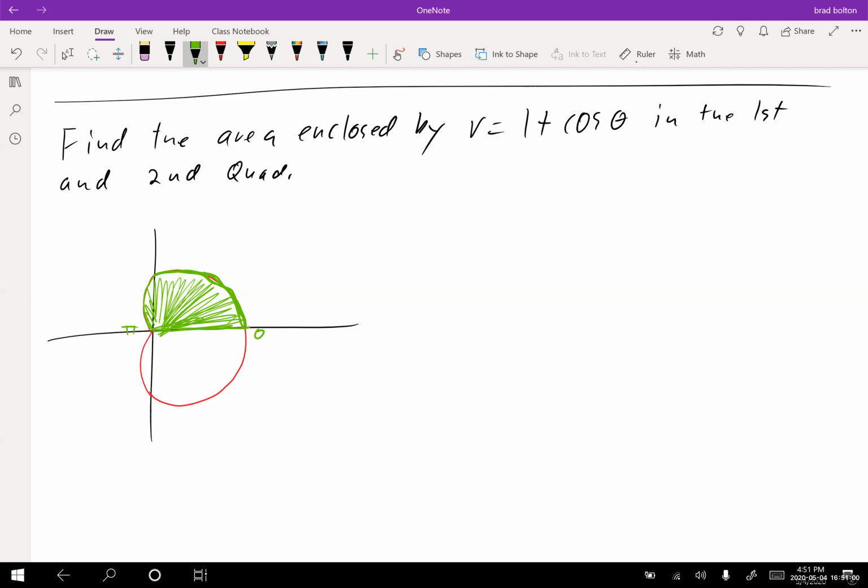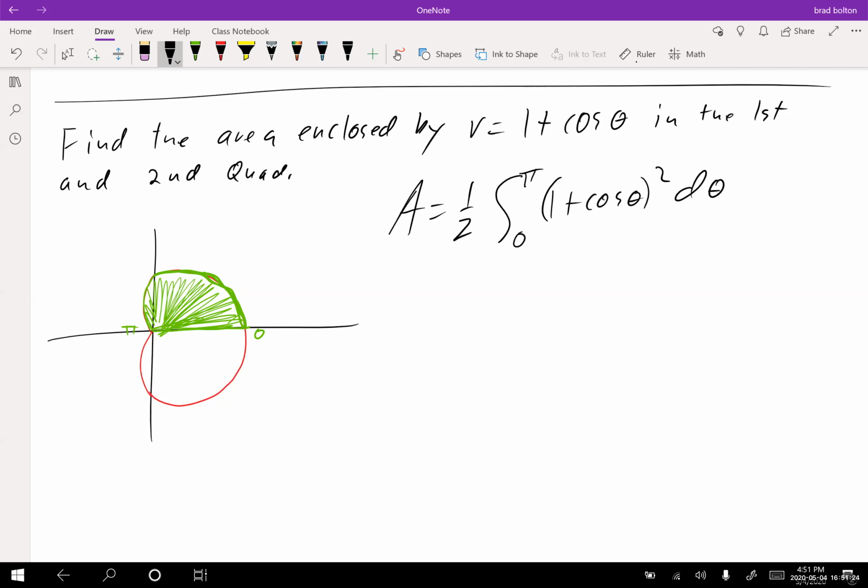Okay, so what we're going to do now is we're going to take this area and we're going to say 1/2. And remember, I like to just take the 1/2 out, and we're going to go from 0 to pi of 1 plus cosine theta quantity squared d theta. Okay, so I just plugged my r in and I got r squared.